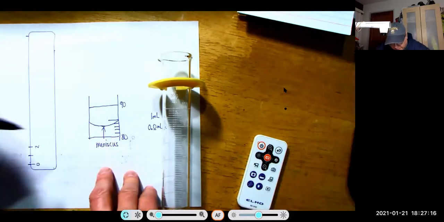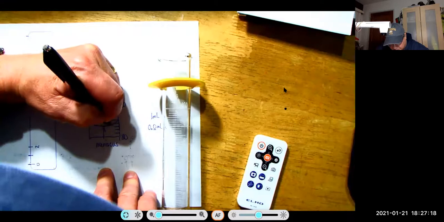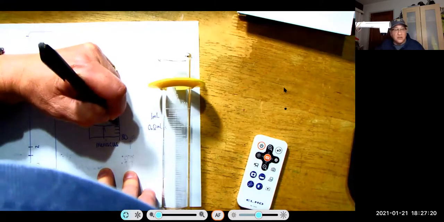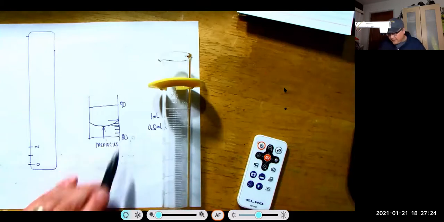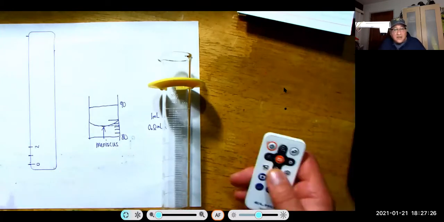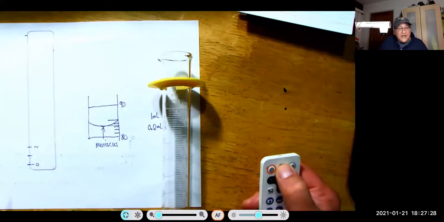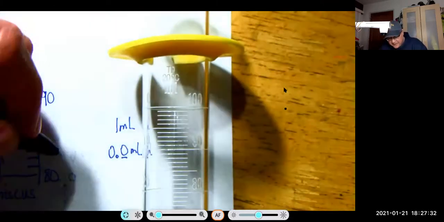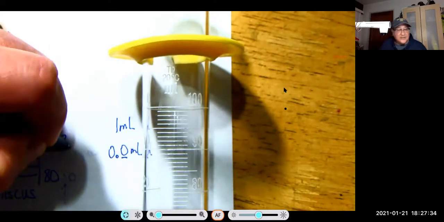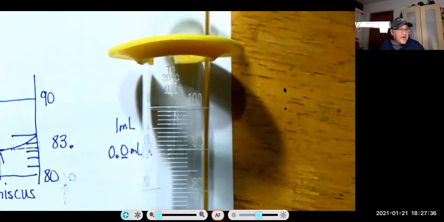If we look at this one right here, and I draw a little line going across from the meniscus to the side, based on my line, we would write down the value of 83 point, and we have to decide, is that halfway past 83? So we'd call it 83.5.